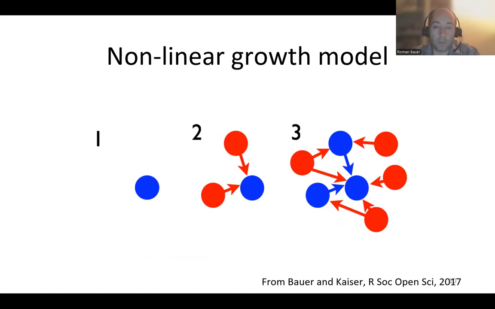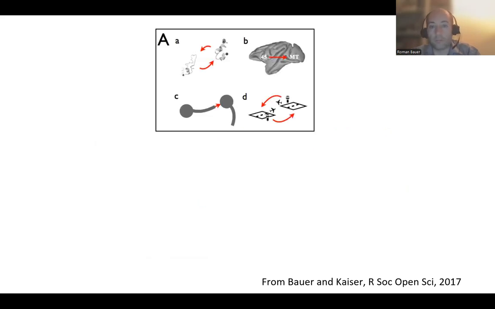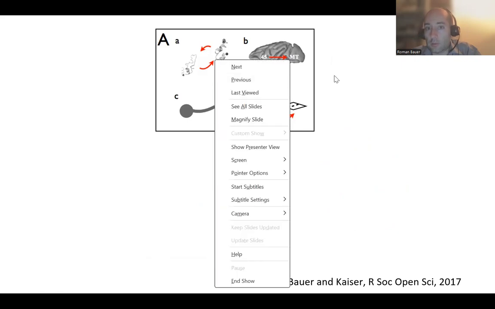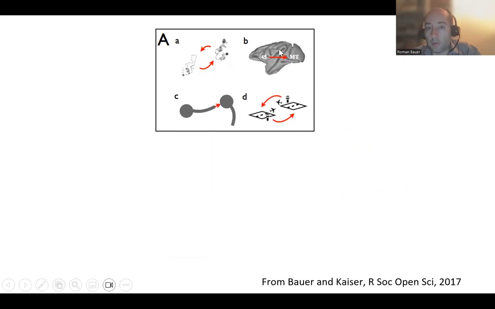And so that's the underlying principle of the nonlinear growth model. We then assessed this model based on 4 real-world data sets, in particular protein interaction networks. We also looked at interareal brain connectivity in the macaque monkey.